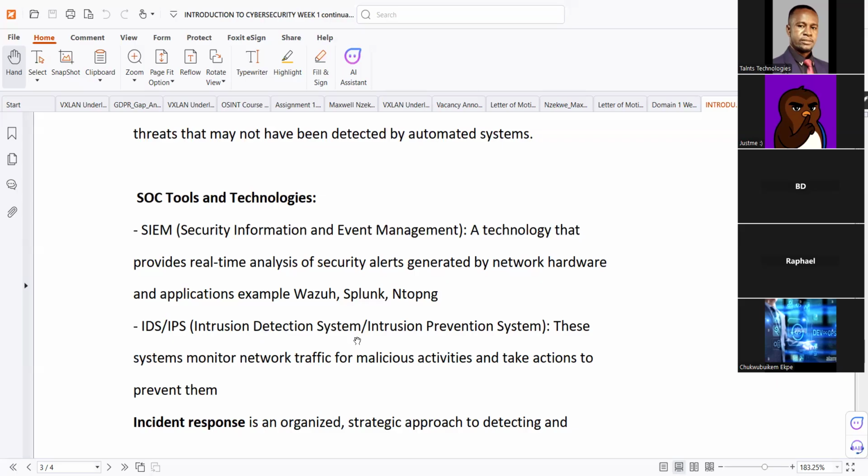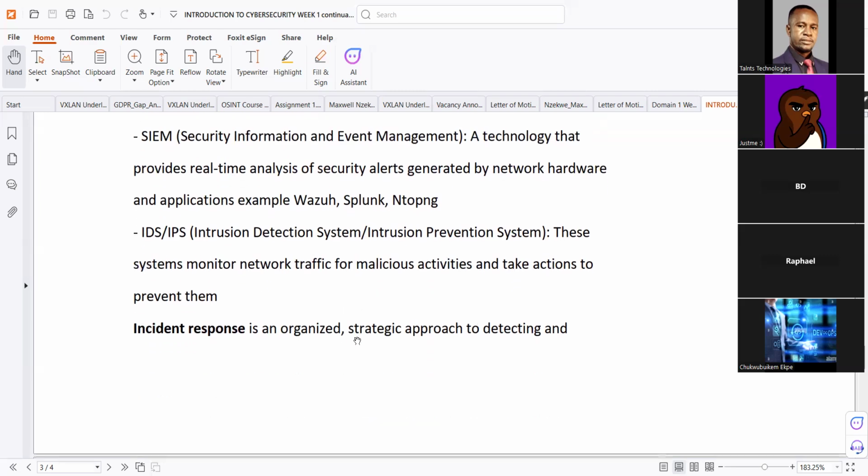So these systems monitor network traffic for malicious activities and take actions to prevent them. IPS is proactive in nature, while IDS is reactive in nature. That's why we said the proactiveness is better.